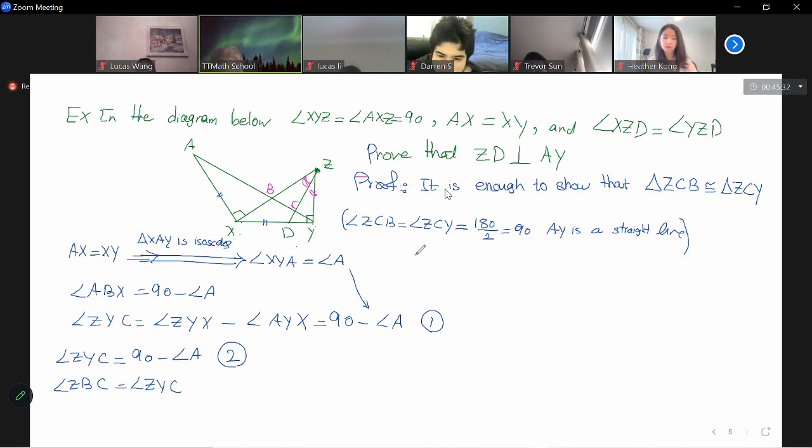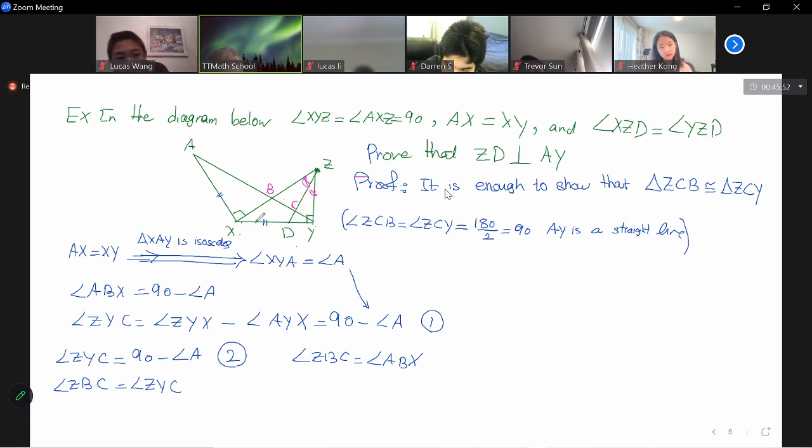They prove it. So the angle ZBC is basically the angle ABX, right? The angle ZBC is equal to the angle ABX, because these are the same, and the angle ABX is 90 minus the angle A.